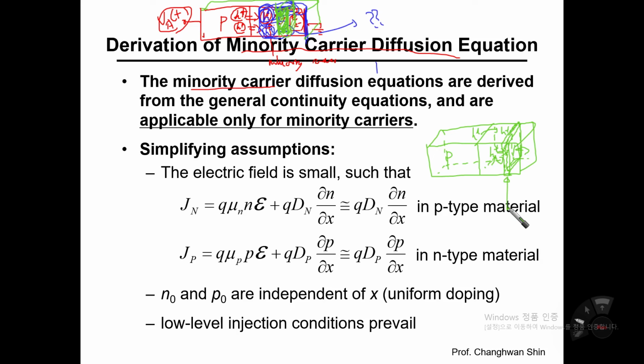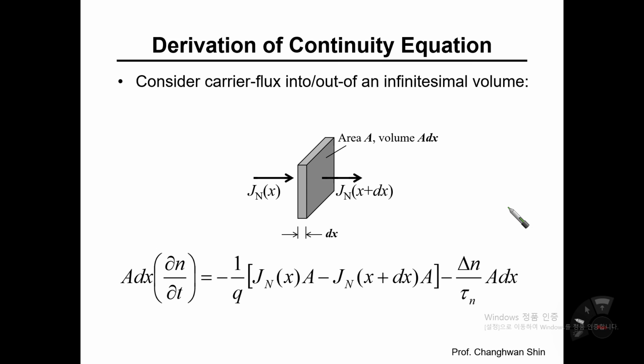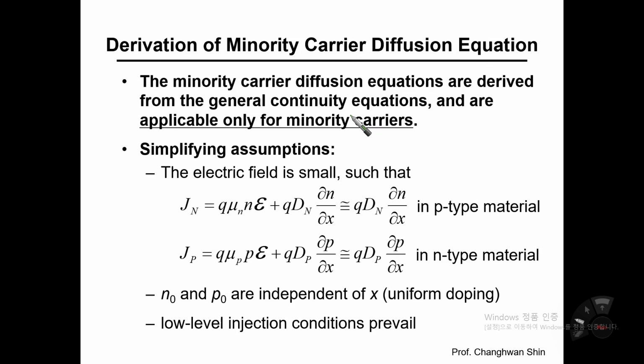This specific case was already explained in the continuity equation in this slide. Same, right? A hole is now moved toward the infinitesimal volume, and then output. And some events would happen within this area, recombination or generation. So the same thing would happen here, right?